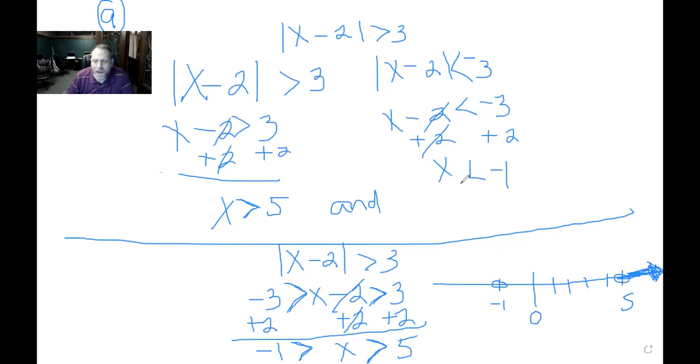Okay, and now I'm going to go from the 1 and do it this way. So this way, I'm going to shade from the 1 all the way to the end of the arrow.